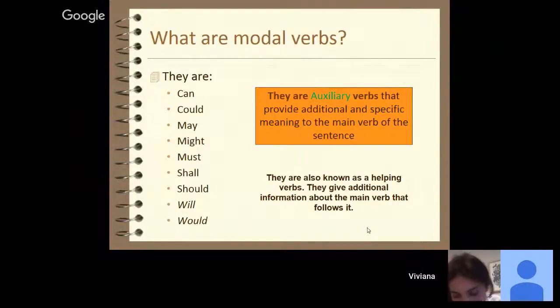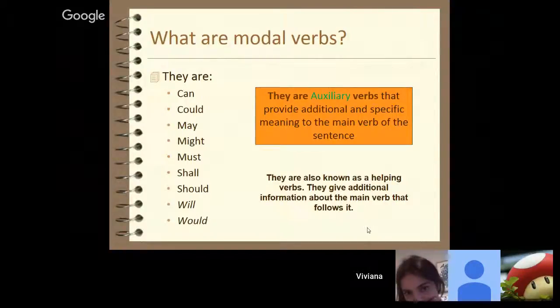They are can, could, may, might, must, shall, should, will, and would. They are auxiliary verbs that give more additional or specific meaning to the main verb. Also, they are known as helping verbs because they give additional information to the main verb that follows.